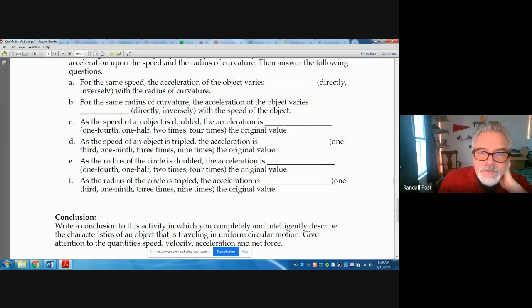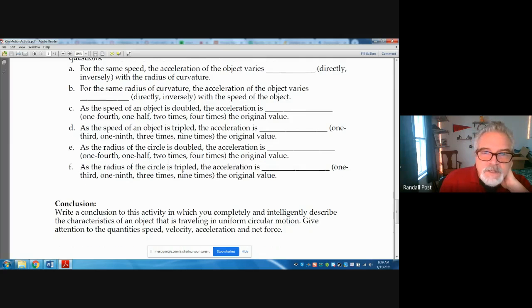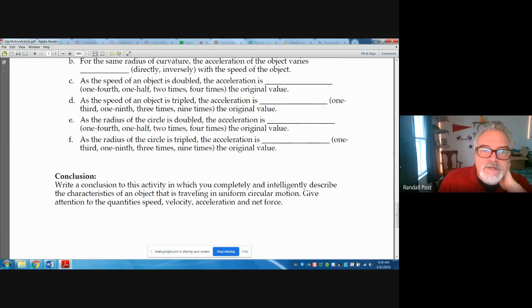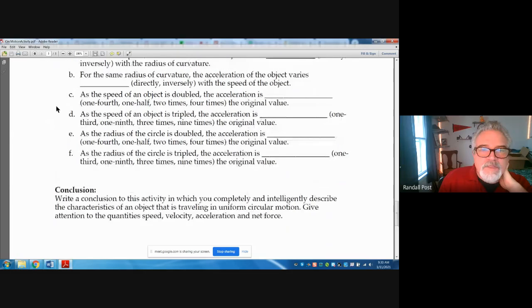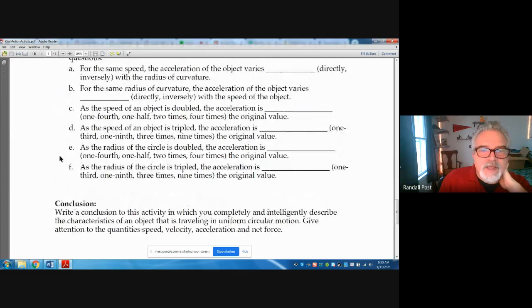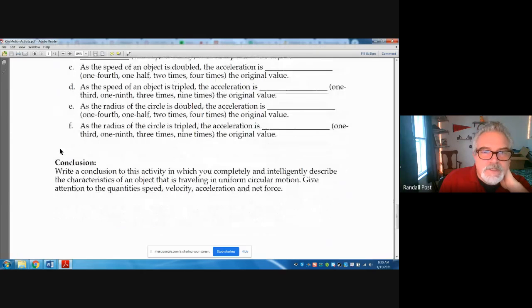Okay, less, more, 1/2, 2 times, 4 times, what happens? And do the same for when you take the radius and triple it. Triple the radius, what happens to the acceleration? You're going to see the relationship that happens. When you do A through F, you're going to see a pattern.